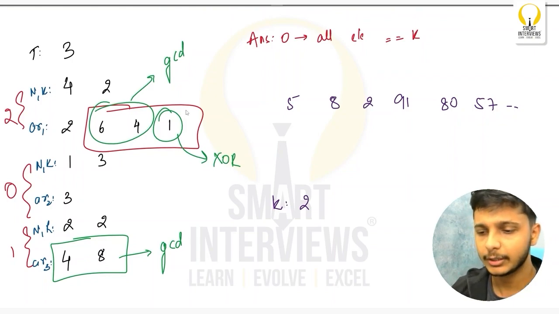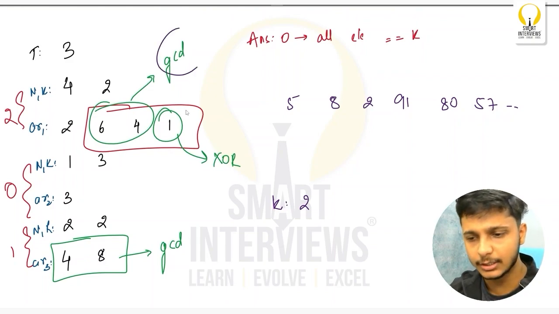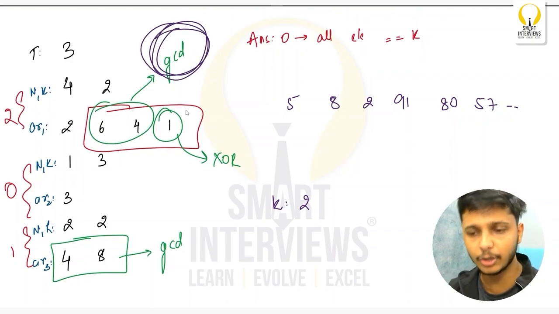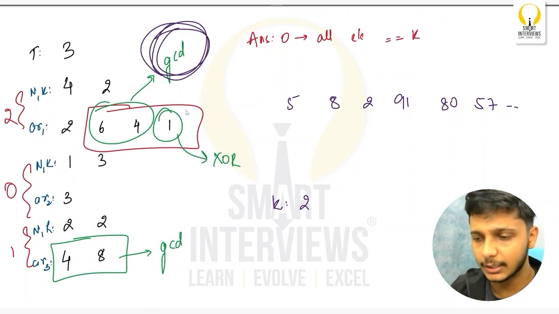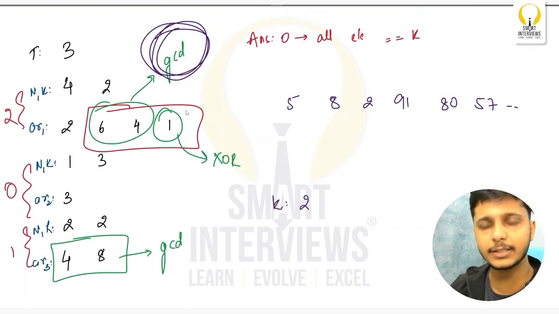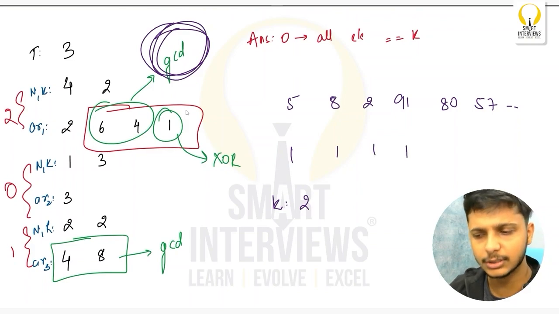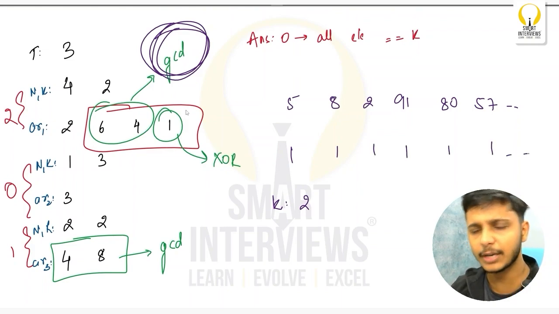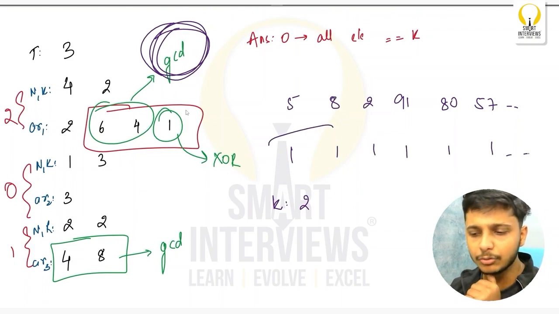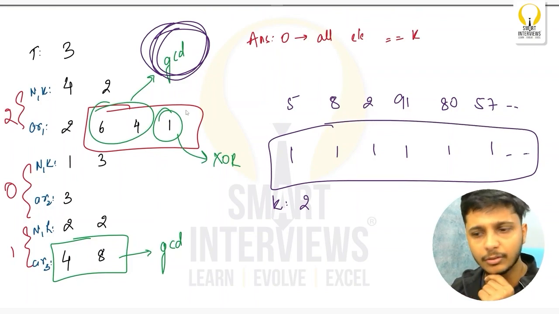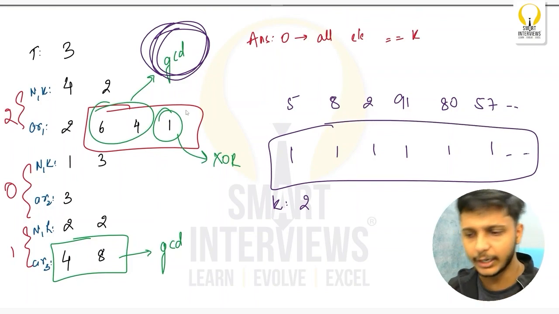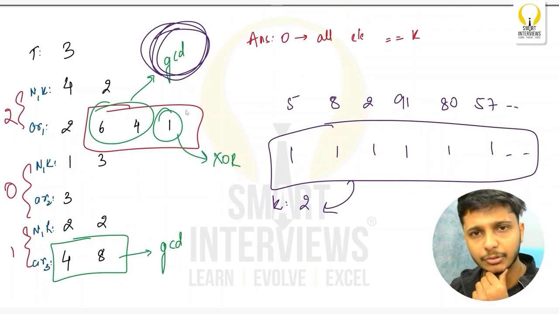I'll tell you. The best option here is this GCD operation. Why? See, if somehow I'm able to make all the elements 1, can I do an XOR operation on this array and make all the elements equal to 2?